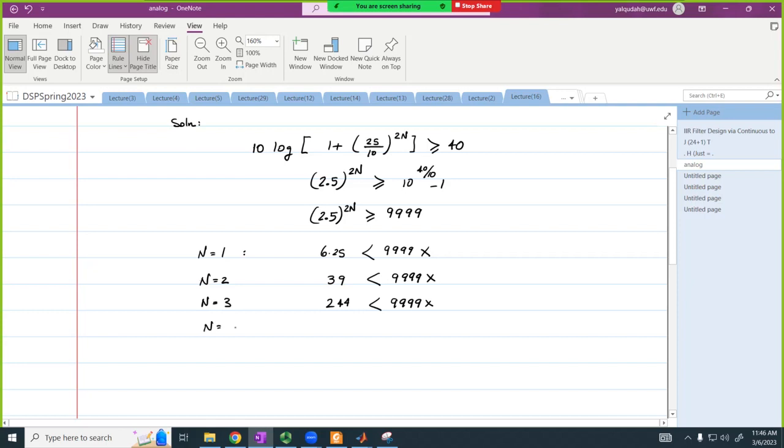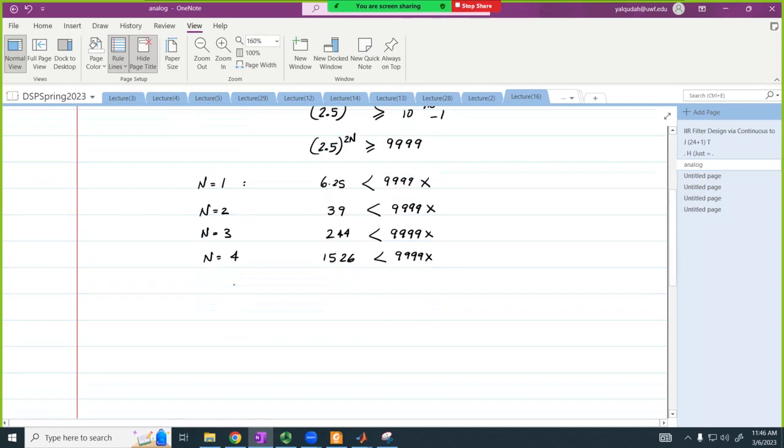N equal to 4 is going to give me 1526, less than 9999, does not work. N equal to 5, 9537, less than 9999, does not work. N equal to 6 is going to equal 59604, which is greater than 9999, which will work.